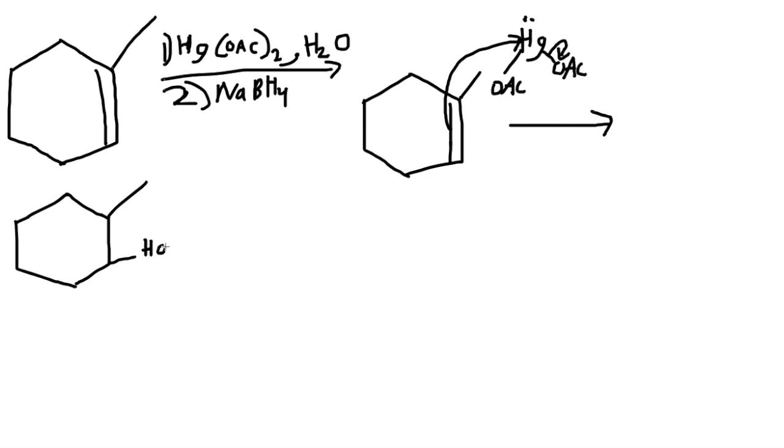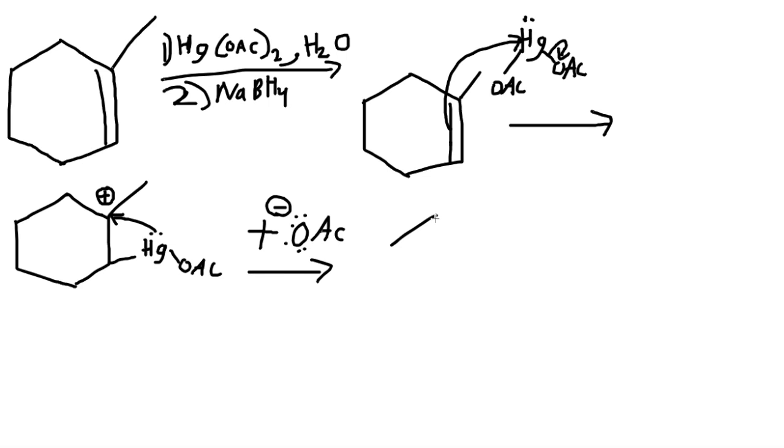Mercury would go on the carbon that has the least amount of substituents, still connected to that acetate, while the other acetate is by itself with 3 lone pairs. It's a negative charge. And also we add the carbocation that goes on the carbon that has the most amount of substituents. This is because it becomes more stable. Mercury still has 1 lone pair. It attacks that carbon that has the positive charge.